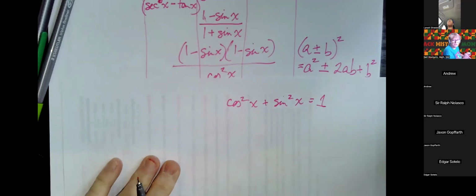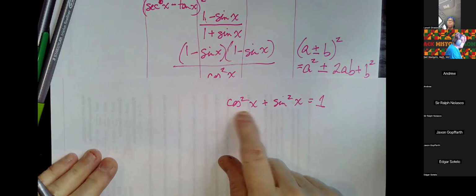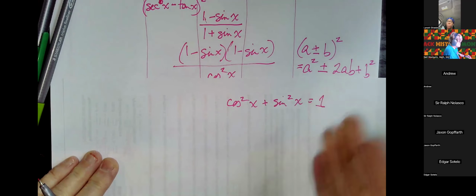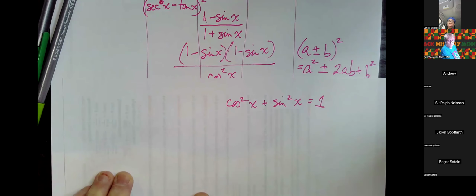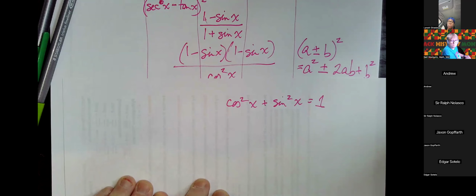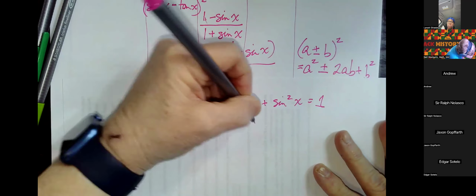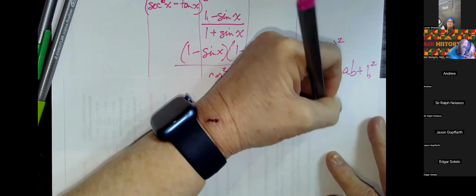This I want you to know, just period. So how can I get the cosine squared x by itself? Subtract sine squared x. Okay, good. So we've got cosine squared x is equal to 1 minus sine squared x.